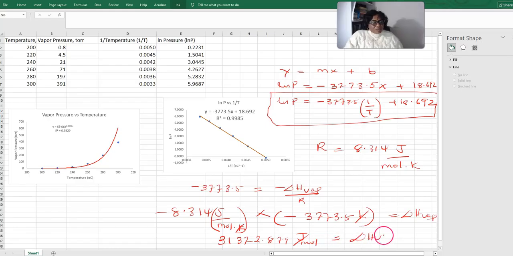Delta H vaporization. You can change it to kilojoules. So this is our heat of vaporization. To how many significant figures? We want 3. You can change it to 3 significant figures. So this is how we get the heat of vaporization graphically. So thank you. Make sure you practice it, do your homework.